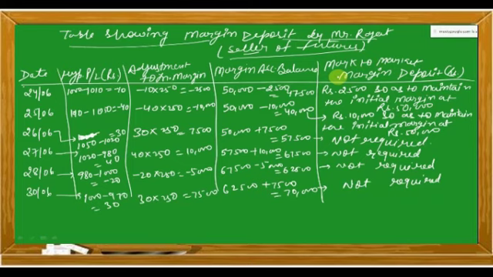The main thing over here is only this calculation of hypothetical profit and loss. If we are able to calculate it correctly, all the things will be right. But if there is an error in calculating this hypothetical profit and loss, you'll end up with wrong interpretations.